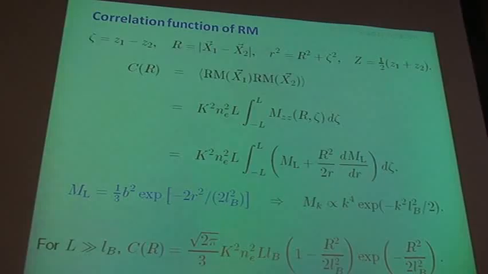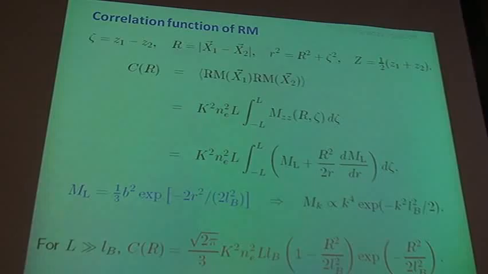So x, y are in the plane of the sky, and z is directed towards us or away from us, to have a right-handed coordinate system. So you quickly transform this to this expression.